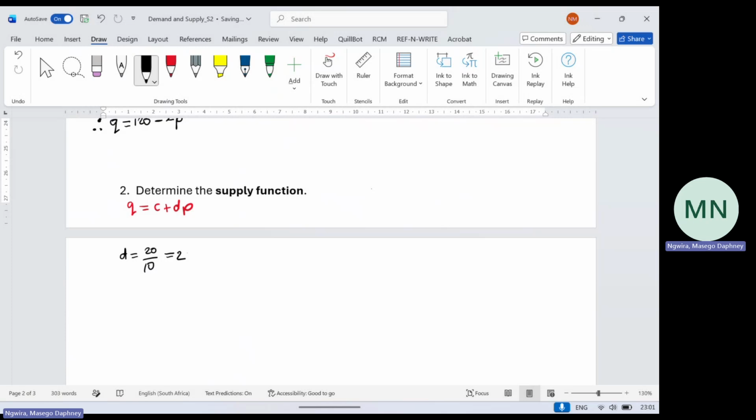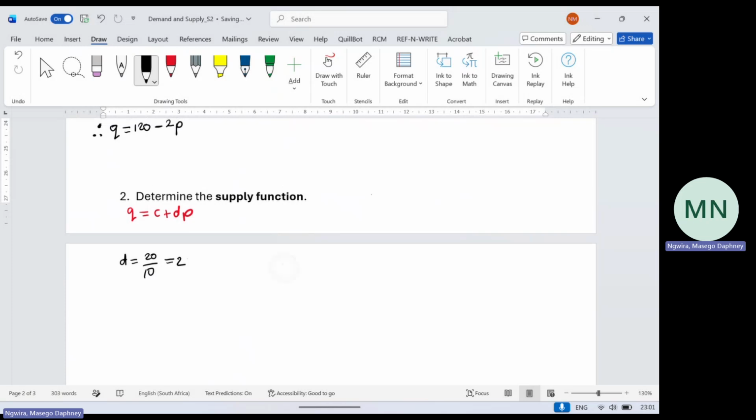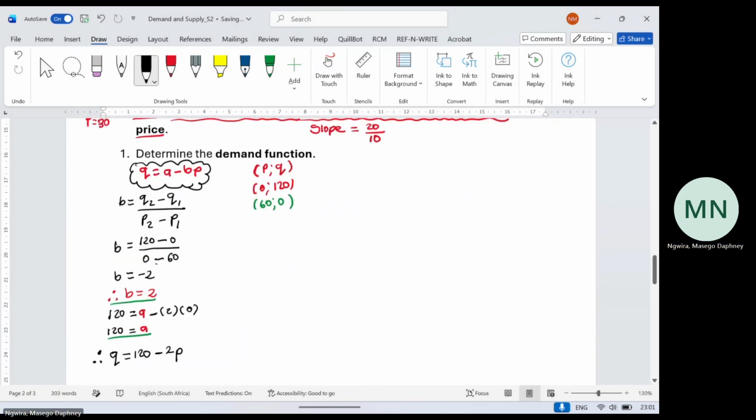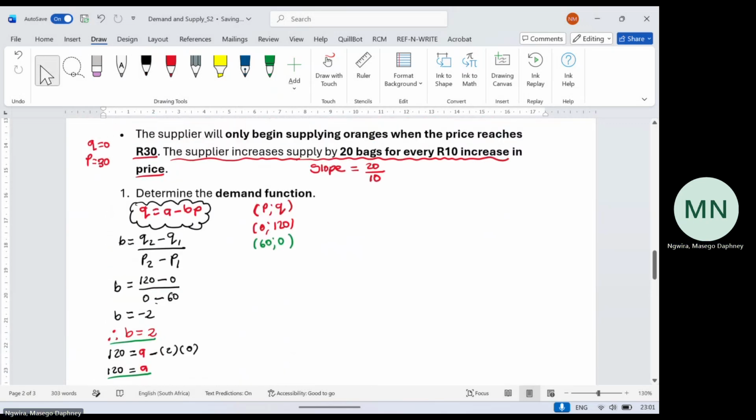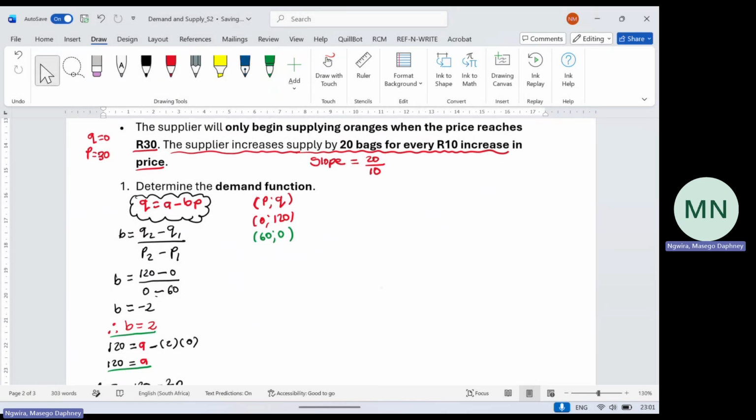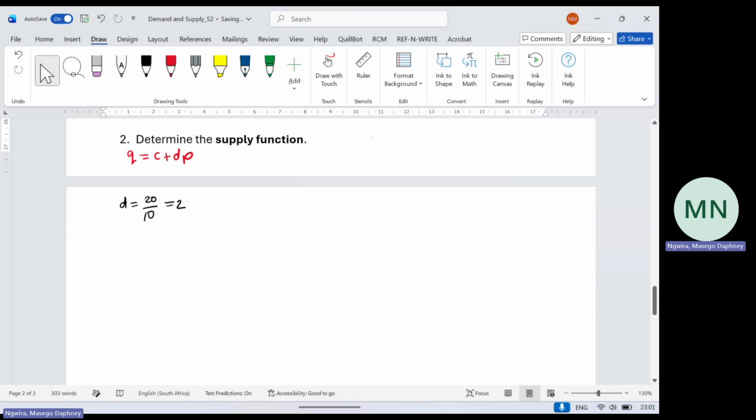Right, and then now we have to look for C, so we substitute. If you can remember, we already have the Q and the P, which is 0 and 30. My Q is 0, and then our P is 30.